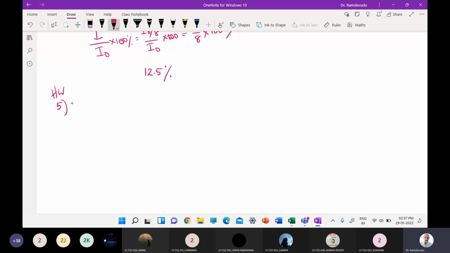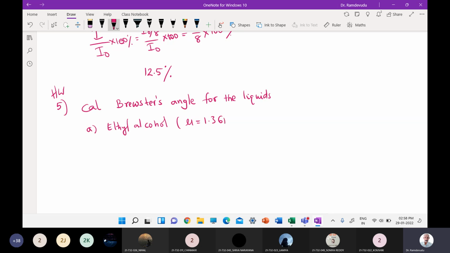The problem given is: calculate Brewster's angle, that is nothing but the angle of polarization, for the liquids: A, ethyl alcohol, which has a refractive index of 1.361; B, carbon tetrachloride, for which mu is equal to 1.461.